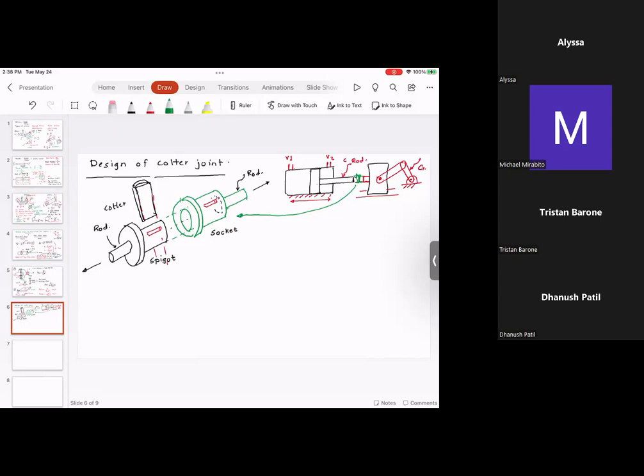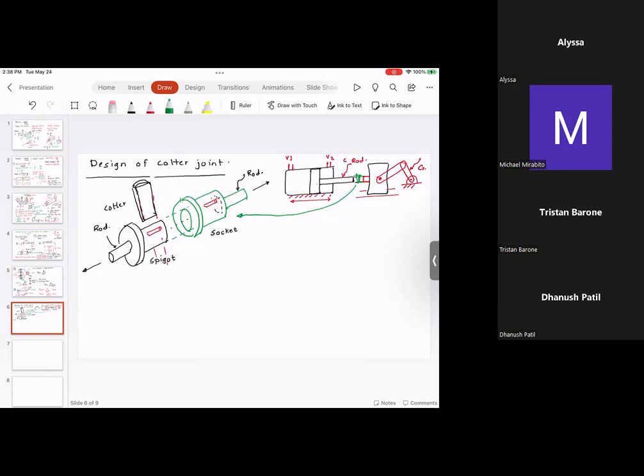So the idea in design of Cotter joint is we look at the different cross sections, we look at the loads that are coming onto the cross section, and find cross section dimensions that can support that type of load.